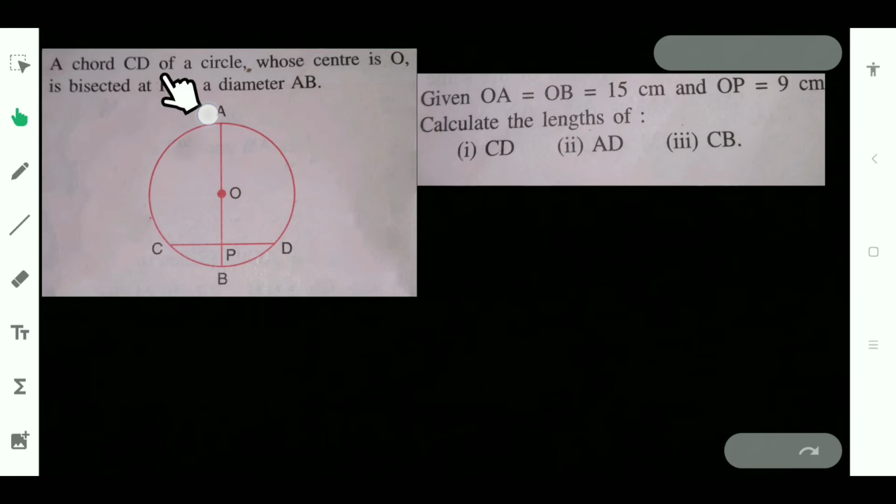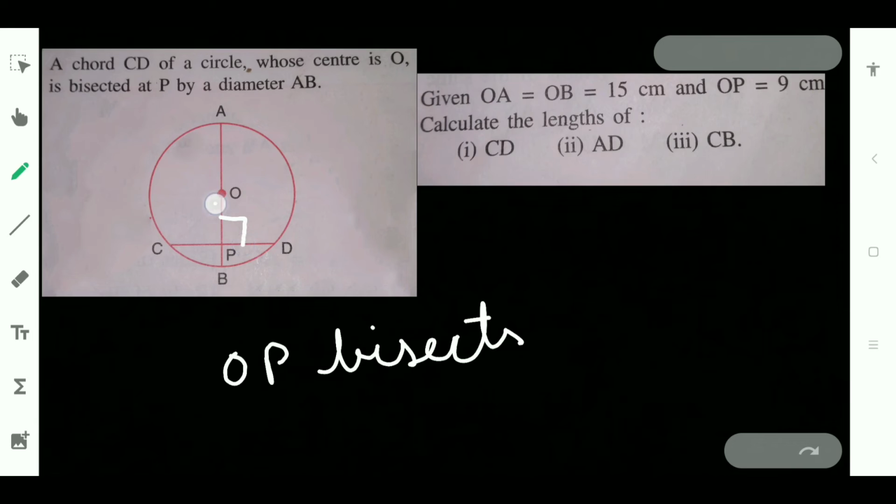A chord CD of a circle, whose center is O, is bisected at P by a diameter AB. This means OP bisects CD.